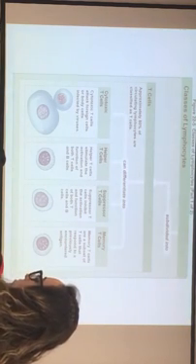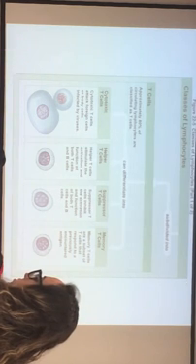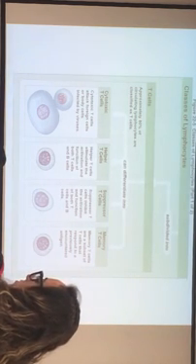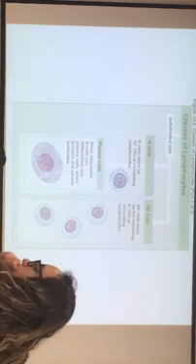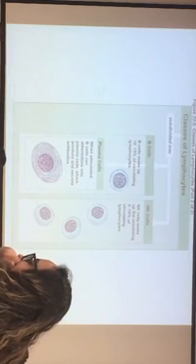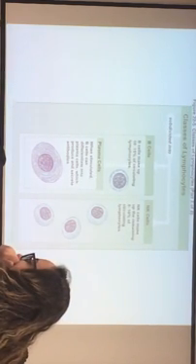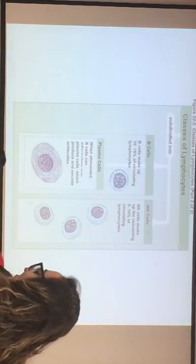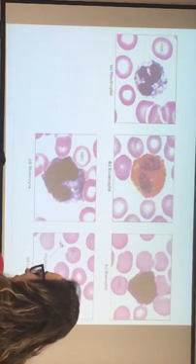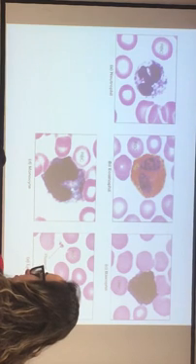Helper T cell, suppressor T cell, memory T cell, cytotoxic T cell, they all look the same. Even the B cell is a lymphocyte, they all look the same. Even NK cell, they all look the same. So we don't need to distinguish what type. I'll just give you one review.